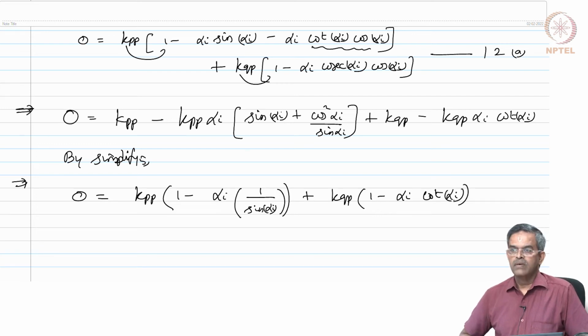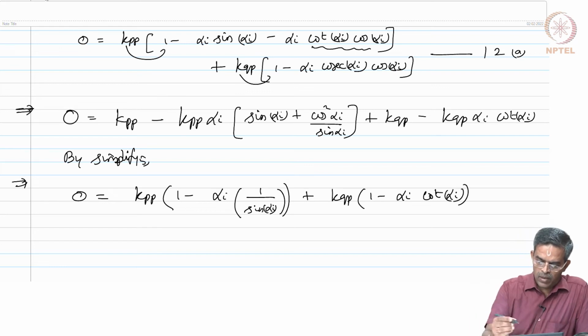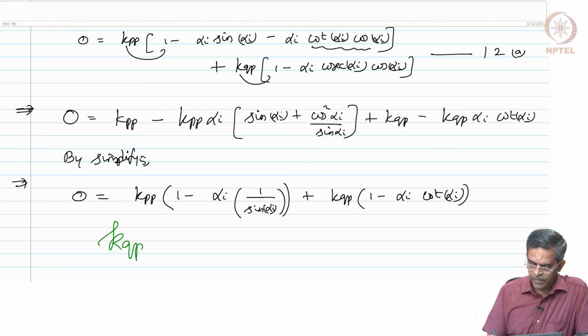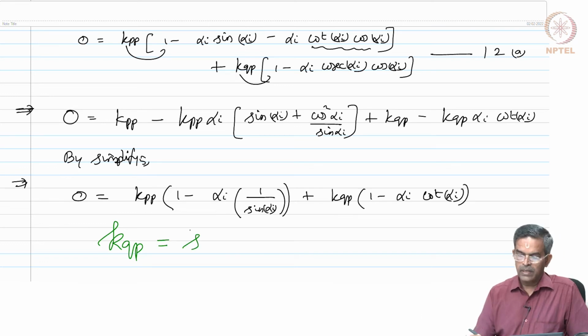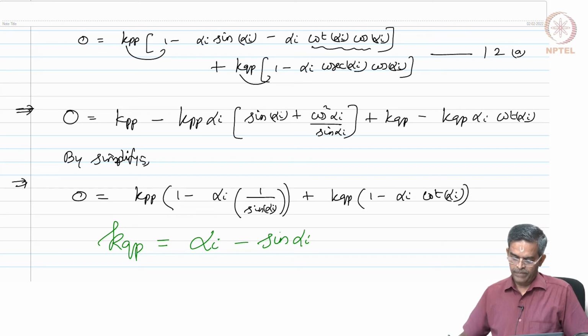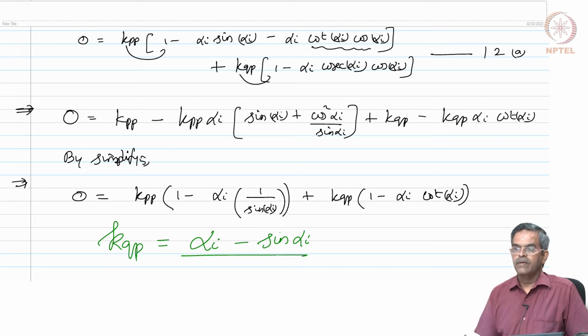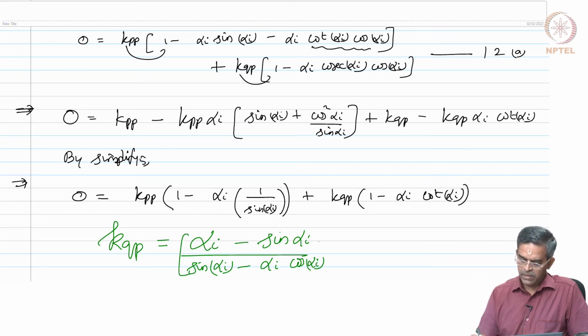Having said this, I can now express KQP as alpha I minus sin alpha I divided by sin alpha I minus alpha I cos alpha I times KPP.